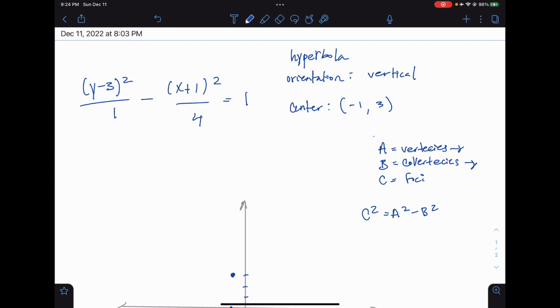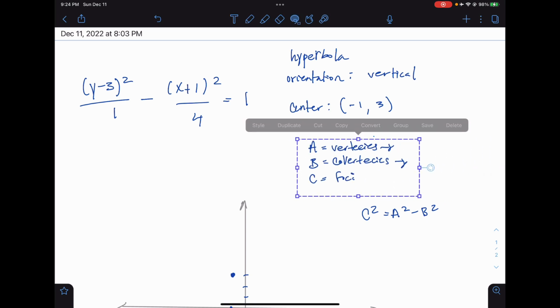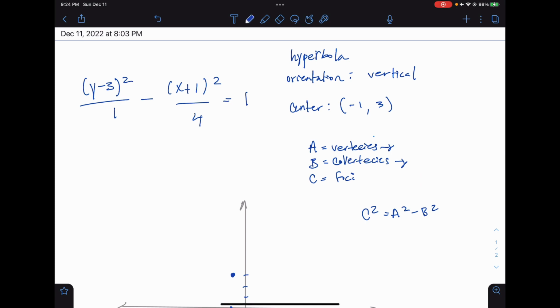Since we know it is a vertical orientation, we're going to take the square root of whatever is in the denominator for y there. So we have 1, which is equal to 1. And then for the co-vertex, we have 4, which is equal to 2.